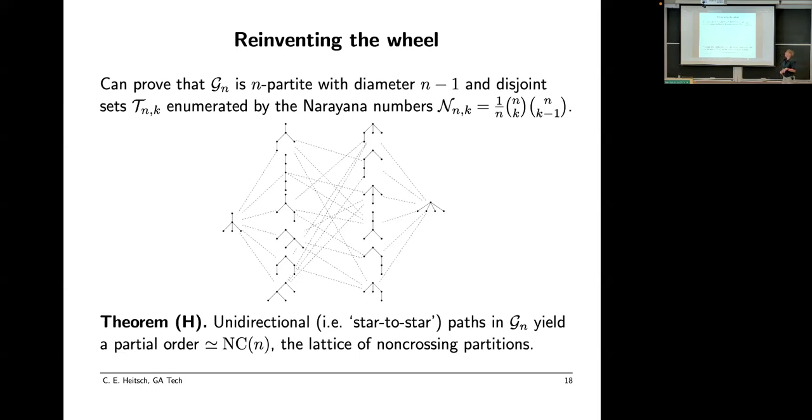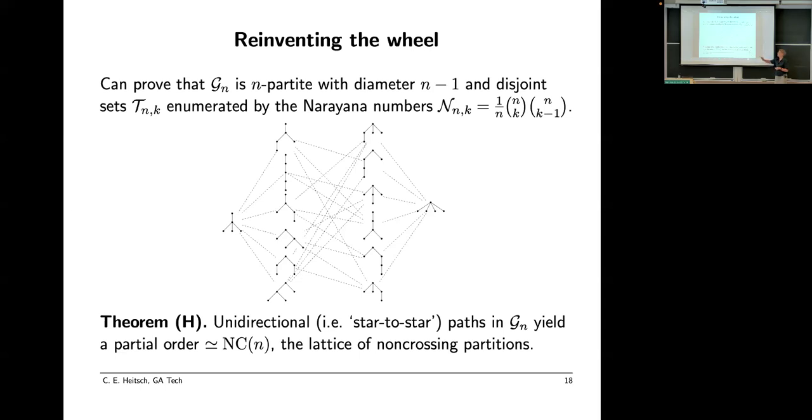Okay. So if we look at these graphs, if we just think about these as graphs, they actually have a lot of really nice combinatorial properties. They're n-partite, as we've been observing. You can show that the diameter is n-1. The disjoint sets are enumerated by the Narayana numbers. And there is basically exactly one combinatorial object that has all of these properties. And it is the lattice of non-crossing partitions.